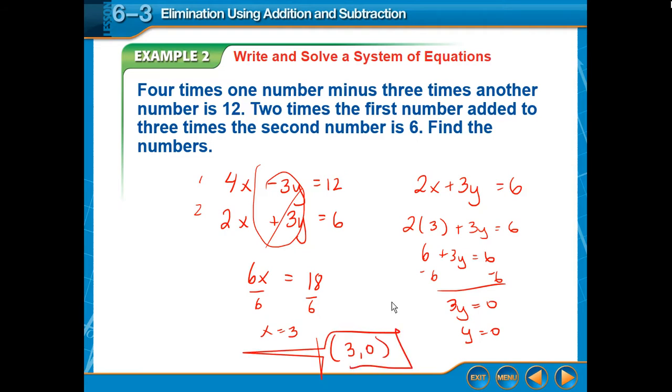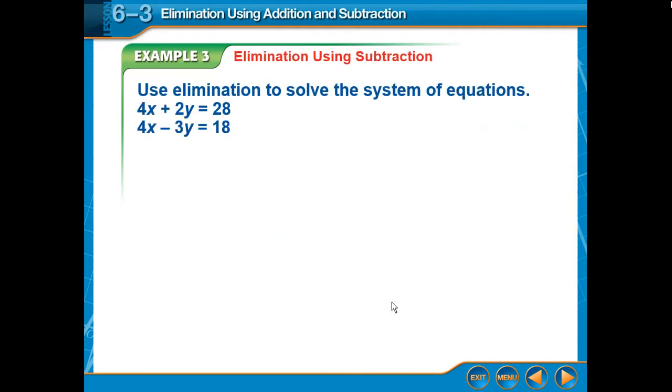Okay. Example 3. Use elimination to solve the system of equations. For this one, if I were to add the two equations together, I would get 8x minus y equals 40, which does me no good because I still have two variables. I want to get rid of one.